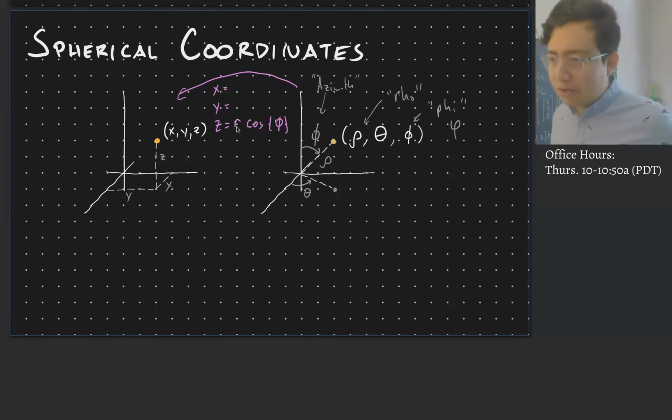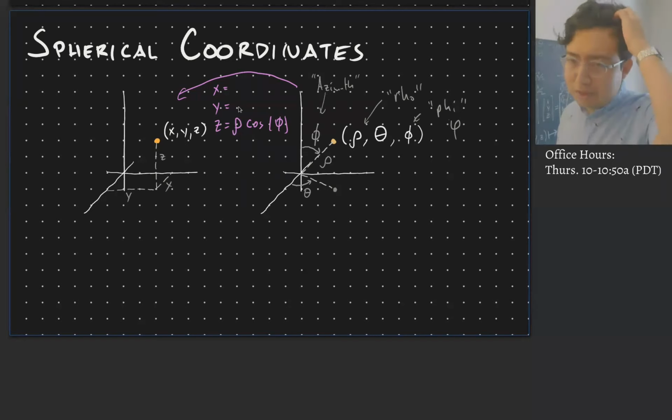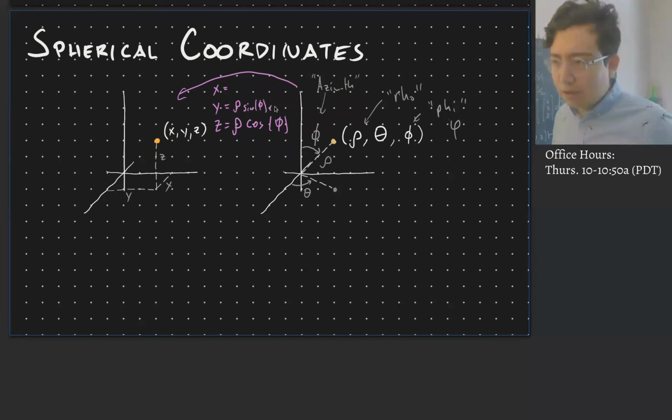No, not r. It's going to be rho times cosine of phi. Y is going to be rho sine of phi cosine of theta.